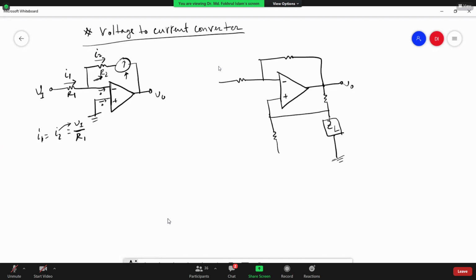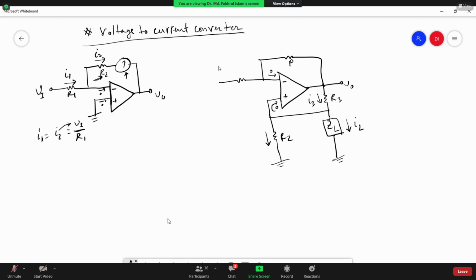R2, R2, R3 is I3, which is IL, and here there is zero current. There is also zero current.